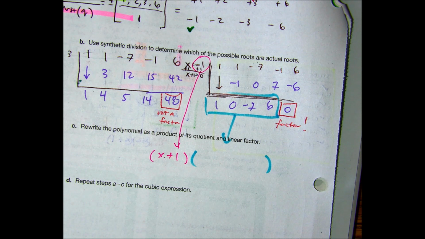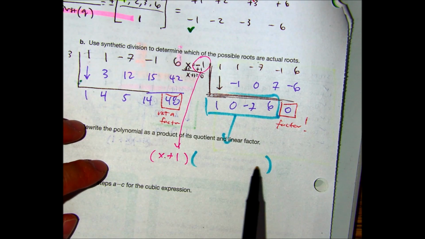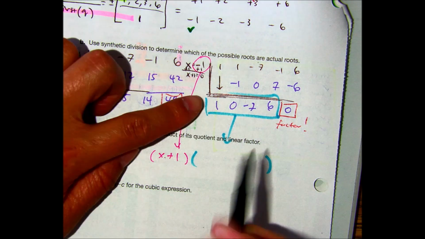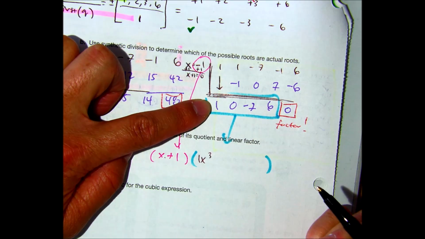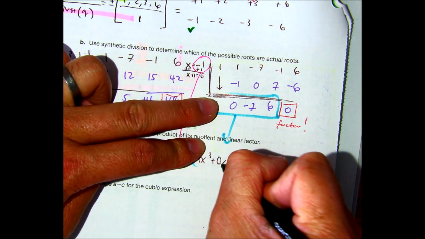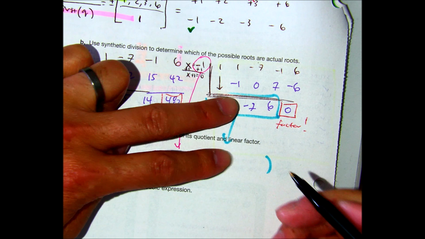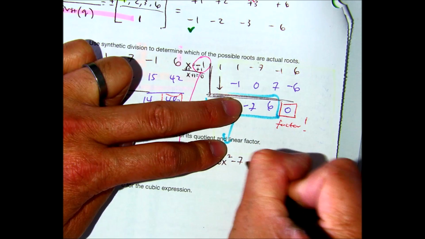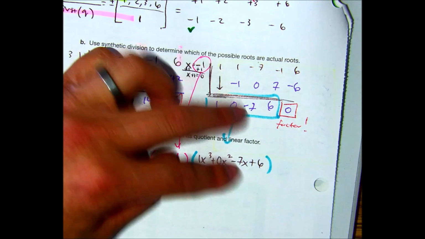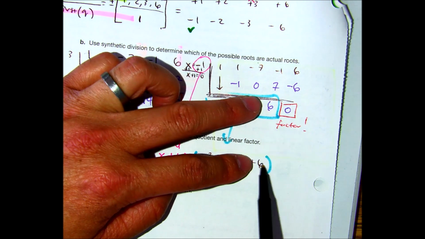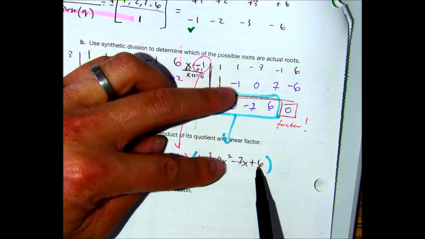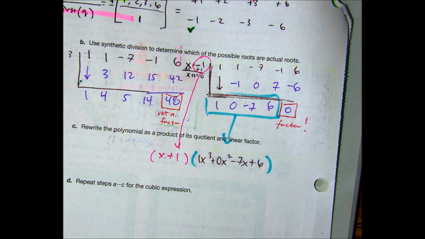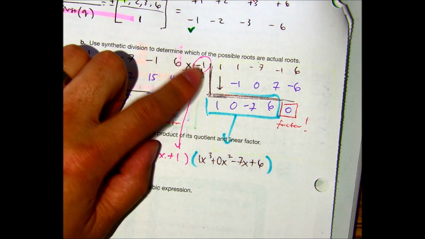Evelyn, what did you write here? 1x cubed plus 0x squared, and then -7x plus 6. That's correct. If I were doing the problem, remember this is your remainder, I would start with a constant, which basically means no variables, and just keep adding a variable x. Okay? So we found out that x equals -1 works.